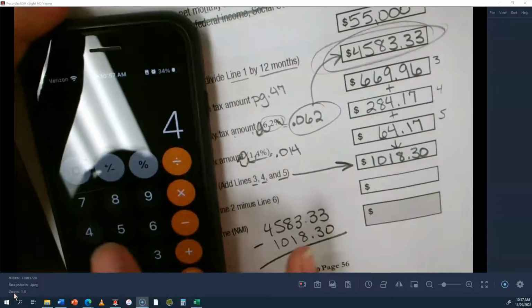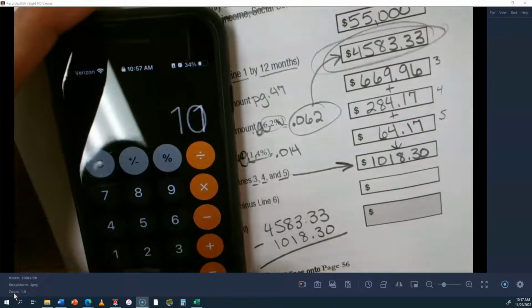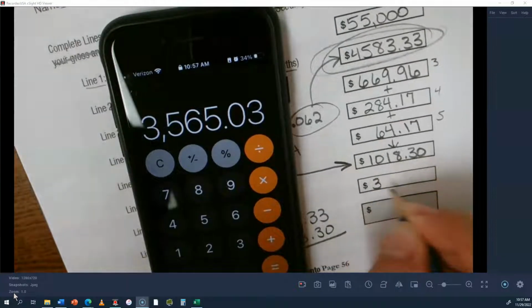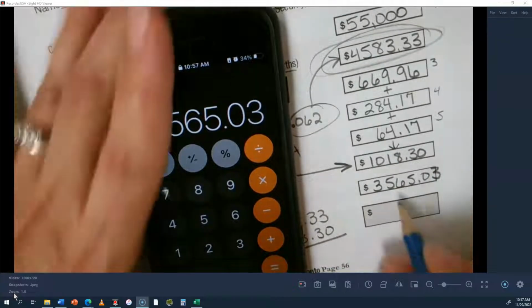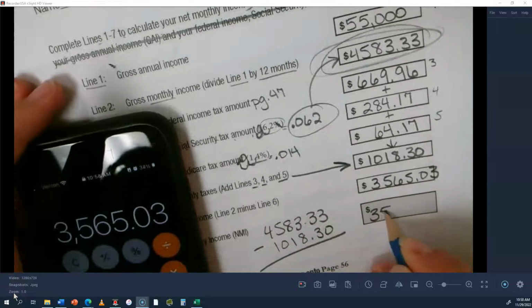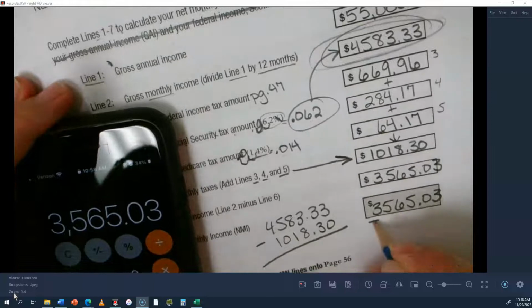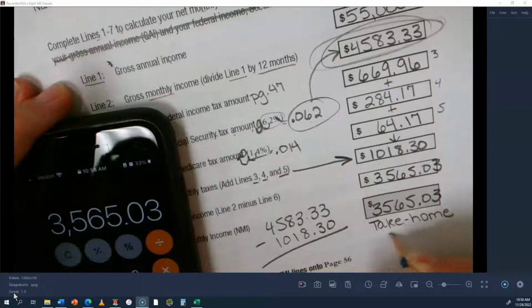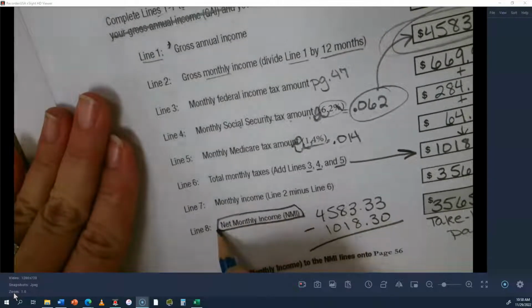So 4583.33 minus 1018.30, and that equals $3,565.03. That number gets repeated down here. And that, my friends, is what we call your take-home pay. It's also called your net monthly income.